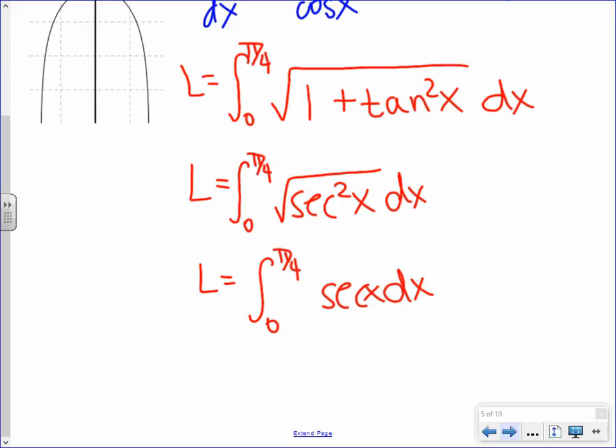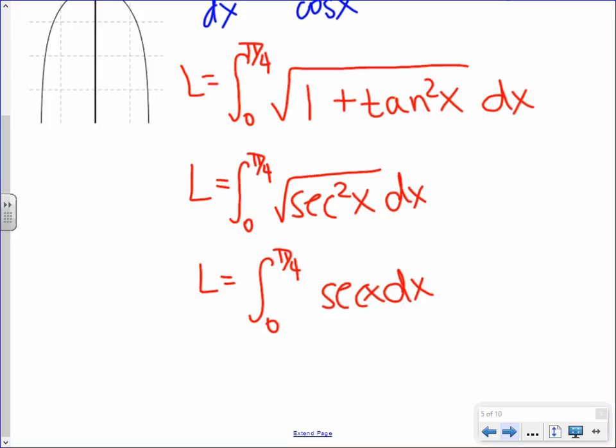Now we've gotten to a point where we have to take the integral of secant of x. This is one that I would not expect you to remember off the top of your head for a quiz or a test. But if you get out your book, you can look it up, and it's either the front or the back. Does anyone have their book? Scott has his book.